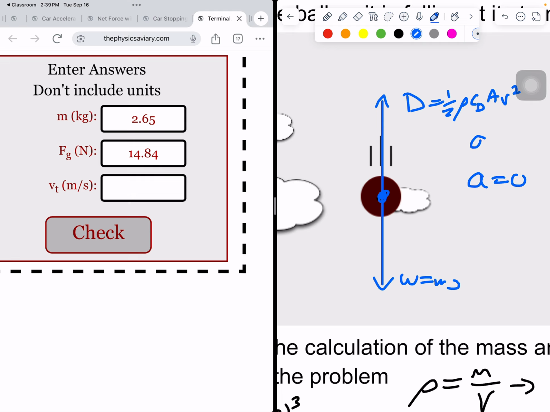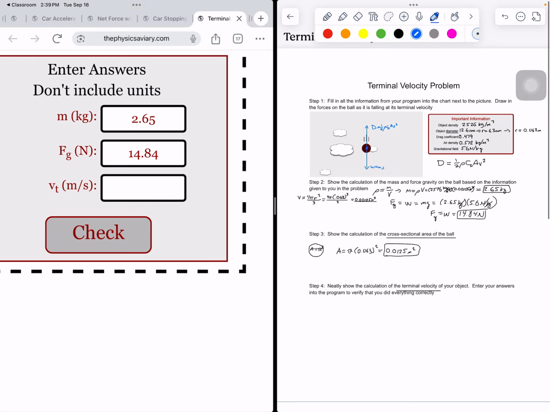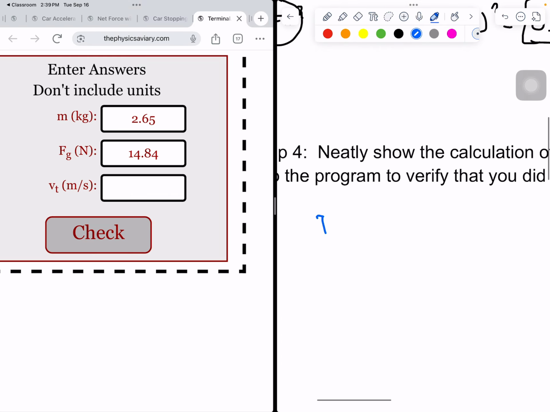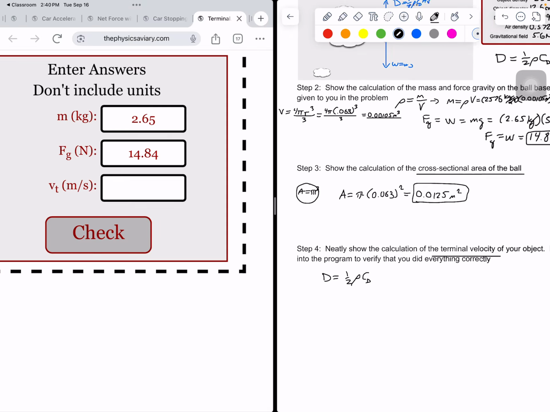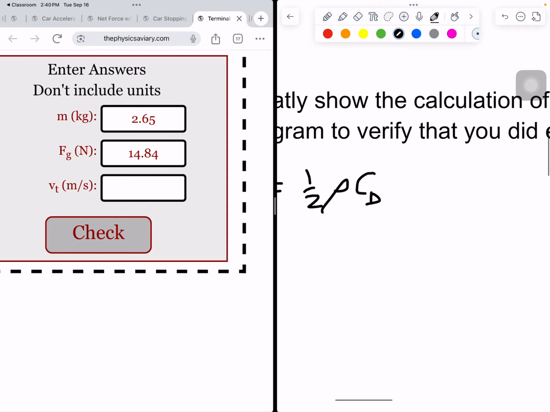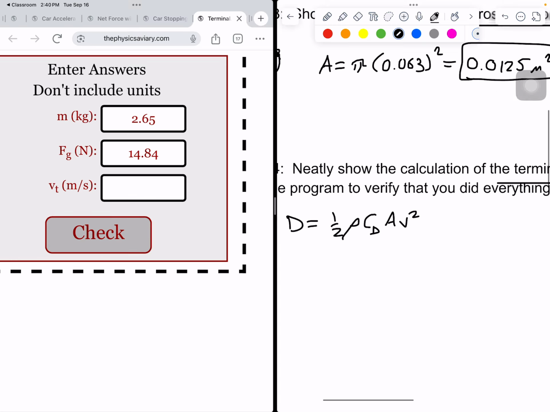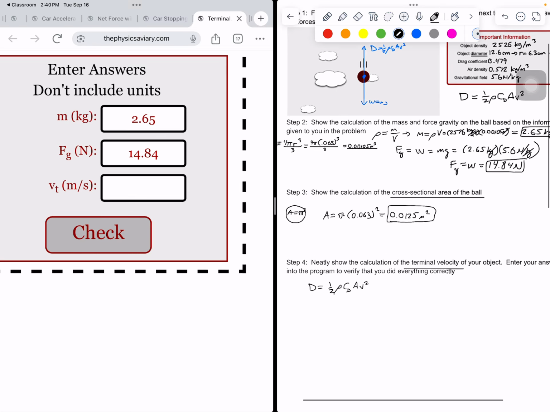The acceleration was negative 9.8, but it's dropped to 0. So we've got to take that equation, D equals 1/2 rho CD A times V squared.